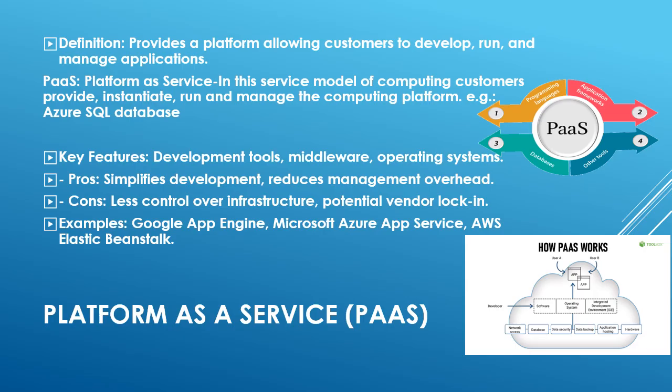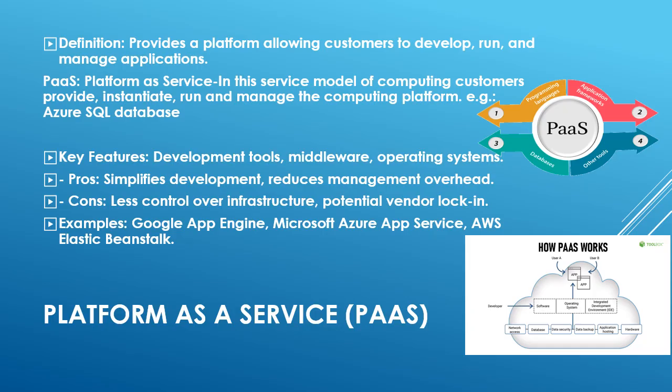Potential vendor lock-in. So, you know, some platforms can actually just use those particular services for themselves alone. So maybe you run Apache, you run .NET, and they say, okay, they use this platform alone. So you may not be able to go around using a third party or something like that.